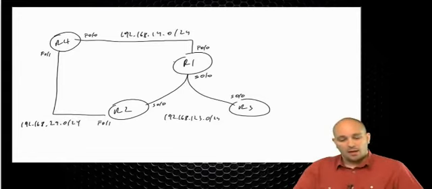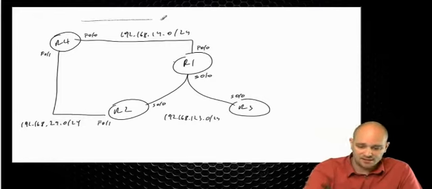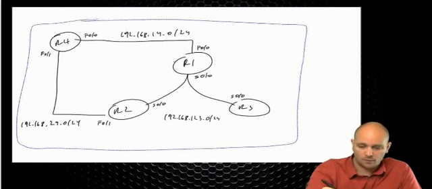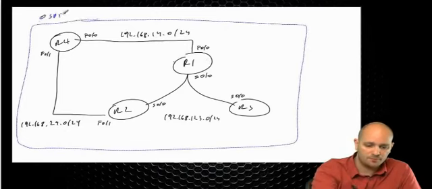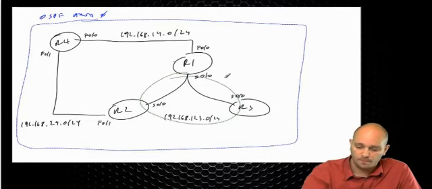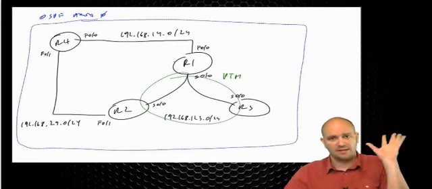Now, all these are running OSPF in a single area. So let's say that this here is OSPF area 0. And here the requirement is to run point-to-multipoint. Okay, you have configured this, and this is all fine.